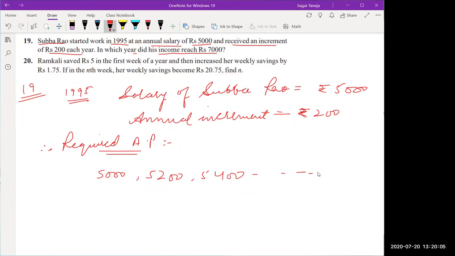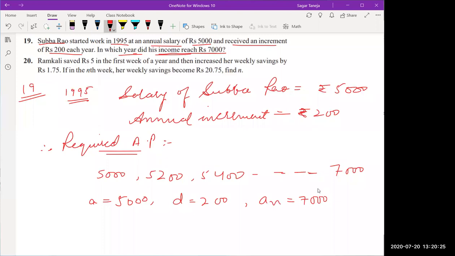Like this. And in which year he reaches 7,000 rupees. So let the last term be 7,000. The same AP. So here first term is 5,000, d is 200, and the nth term is 7,000.